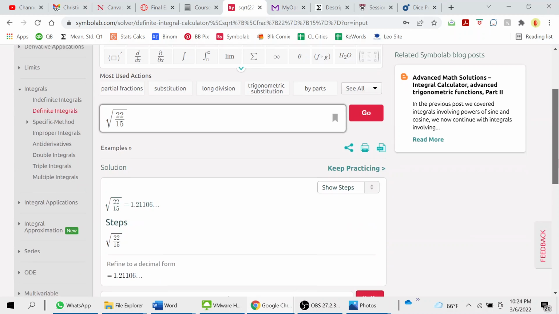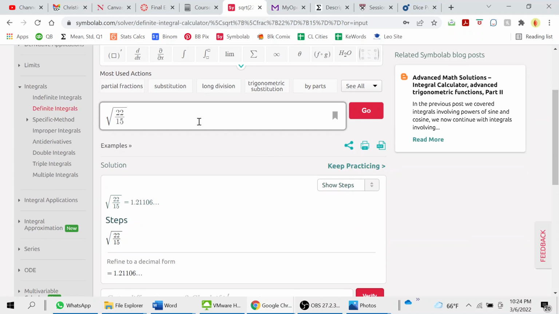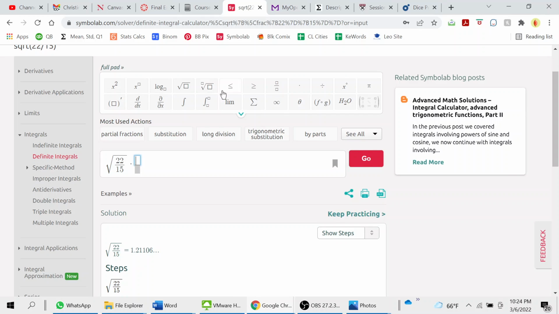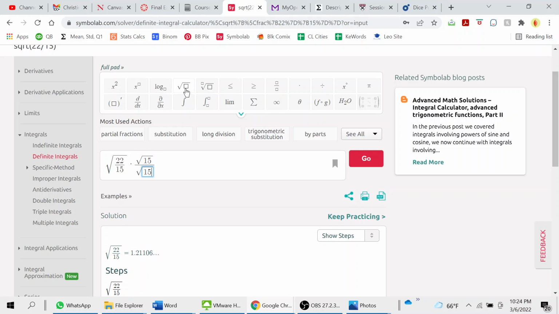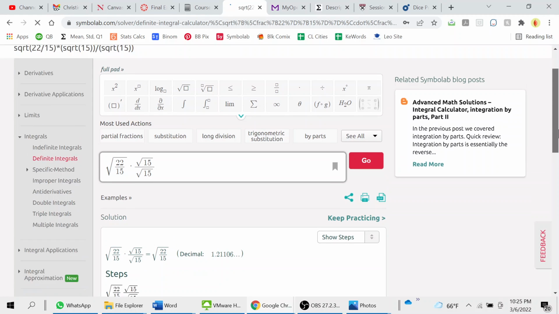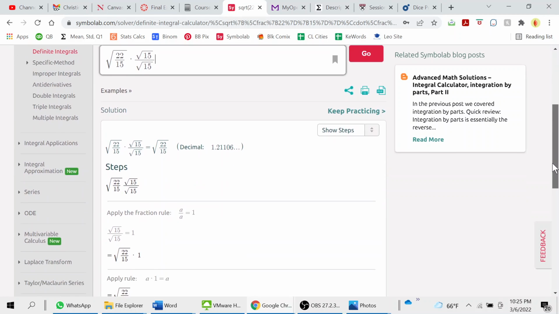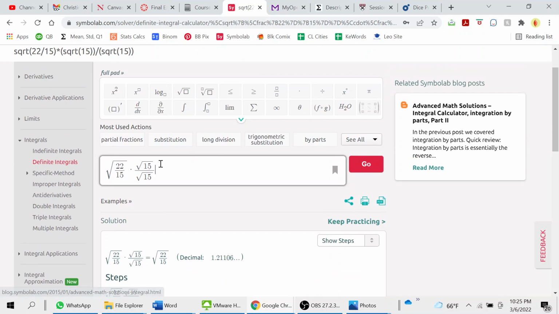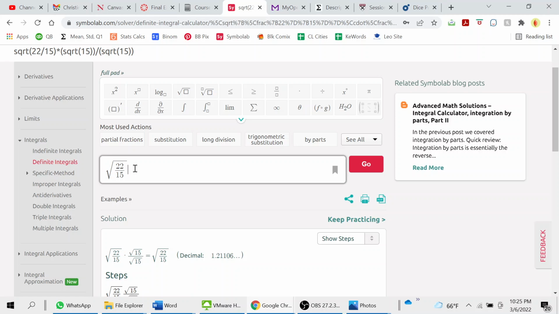Okay, sorry about that. I got a text. Square root of 15 over square root of 15. Okay, it's not rationalizing. Wait, I think I need to type in this command. Hold on. Rationalize.